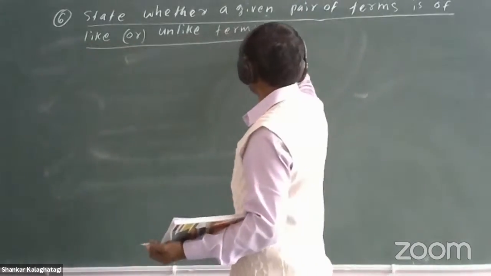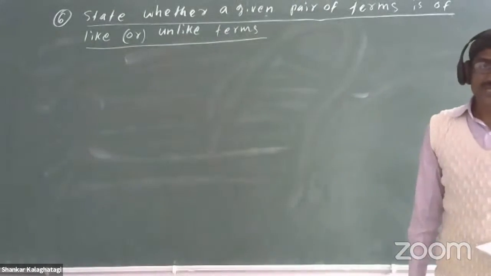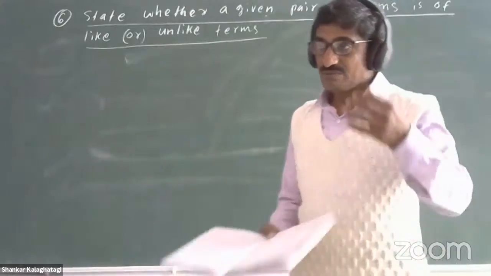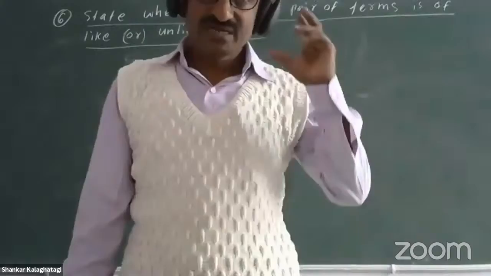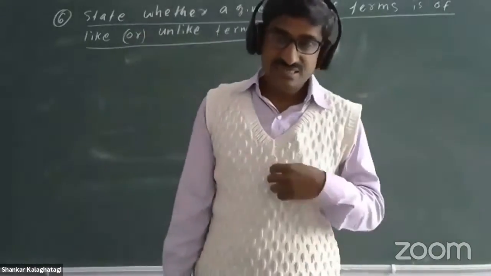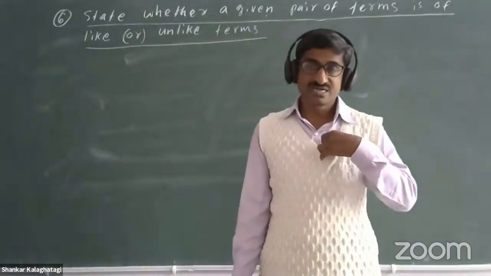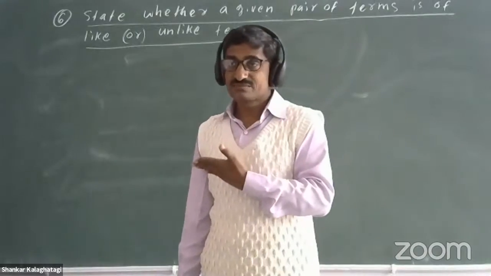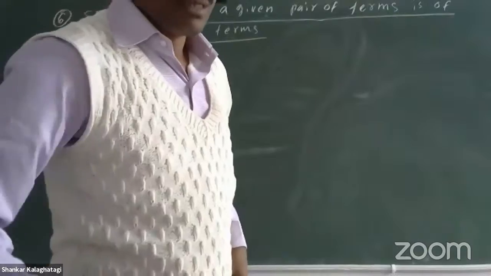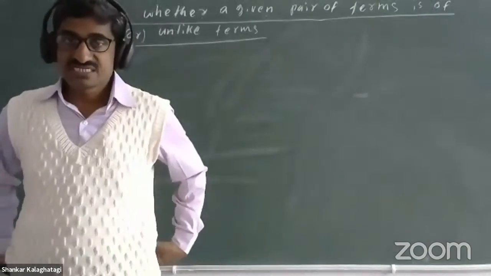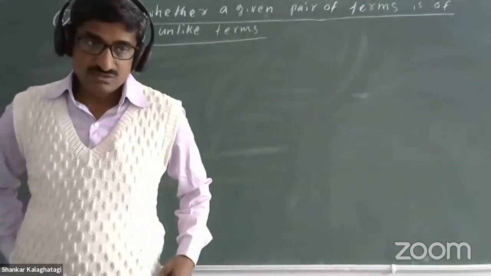Like or unlike terms, they are very important. They will help you to solve addition and subtraction problems easily and correctly. If you don't know like terms, unlike terms, you will not be able to solve addition and subtraction problems correctly. Okay.